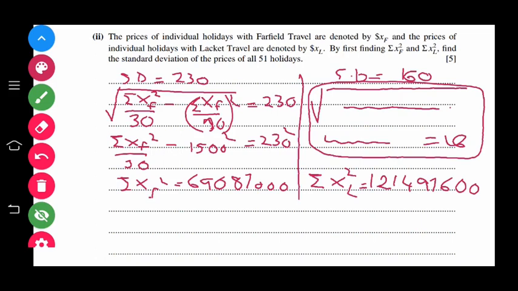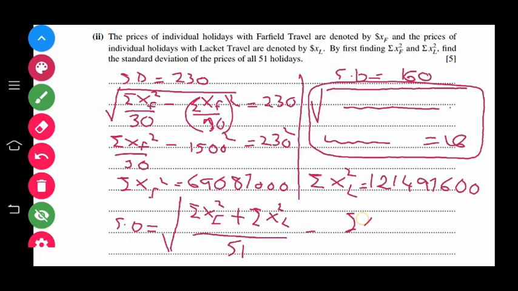Okay, what next? Yes, we need to calculate the standard deviation using the formula: square root of (sigma xF squared plus sigma xL squared) whole divided by 51, minus (sigma xF plus sigma xL) by 51, the whole squared.